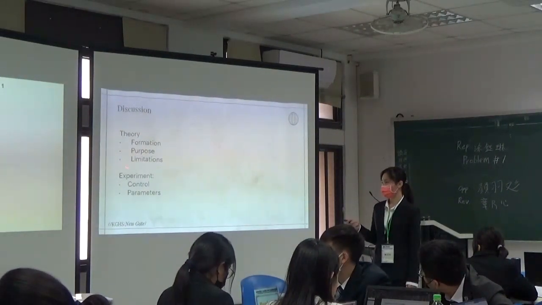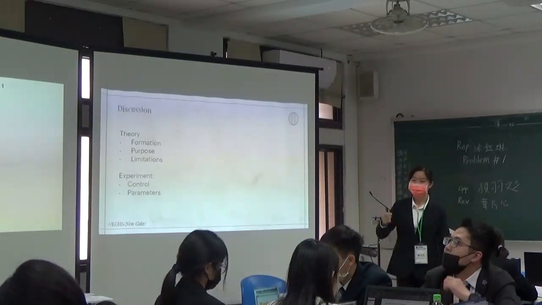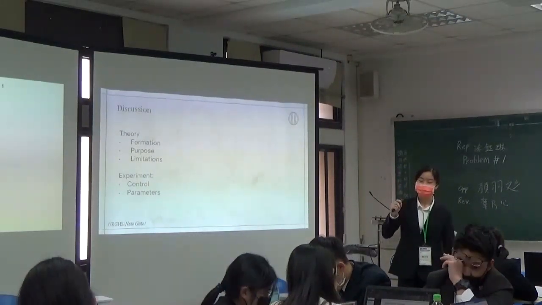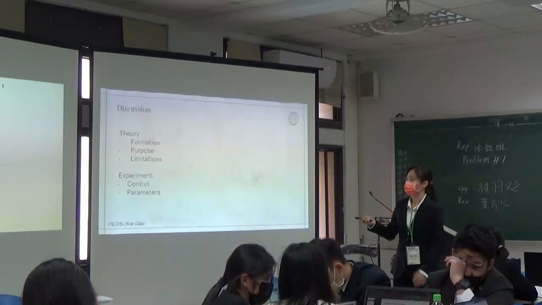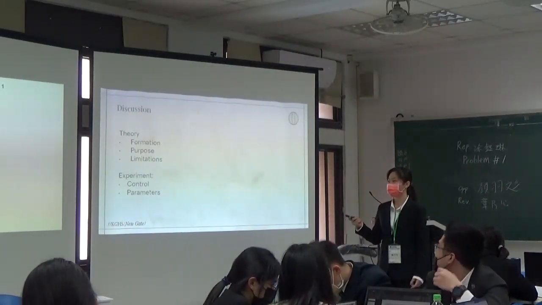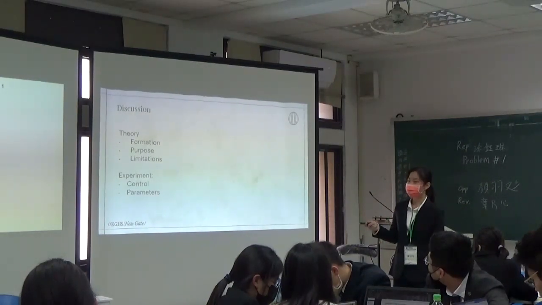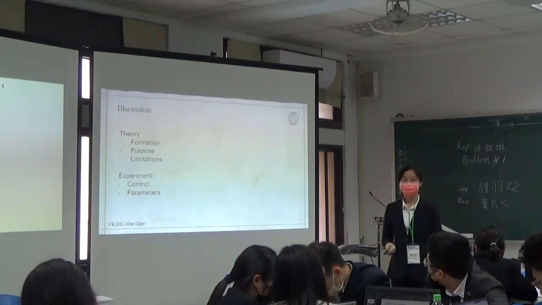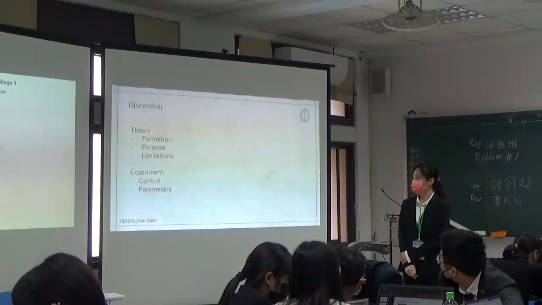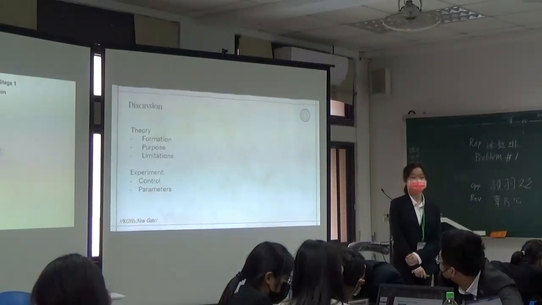And about the experiment, like I just said, if they press it at a very fast speed, then it would affect the results, and that means that they didn't really control all the variables. And next is their parameters, like the reporter just talked about in their report. And that's it. Thank you.